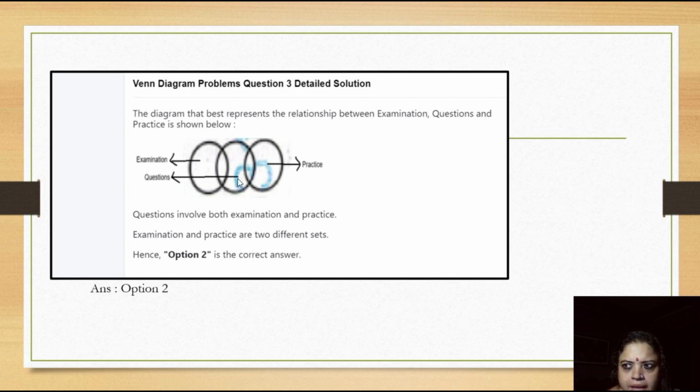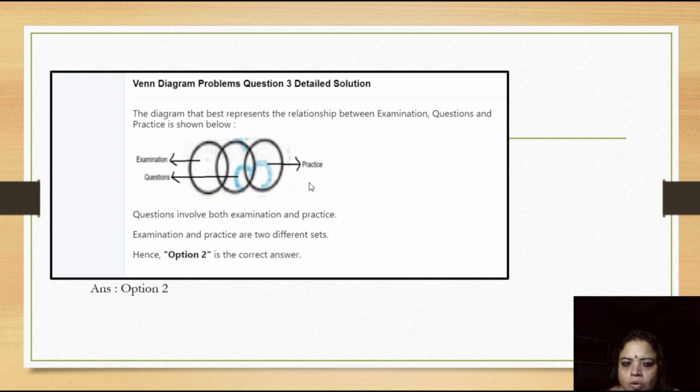Only practice helps to do the questions easily. Examination and practice actually are 2 different sets. There is no relationship between them. So examination is one set and practice is another set, and questions come in between. So there is a shared trait between examination and questions as well as practice.